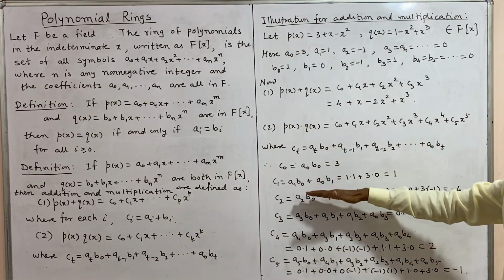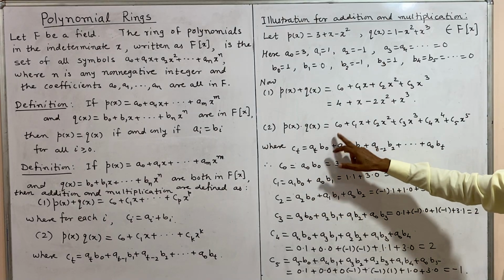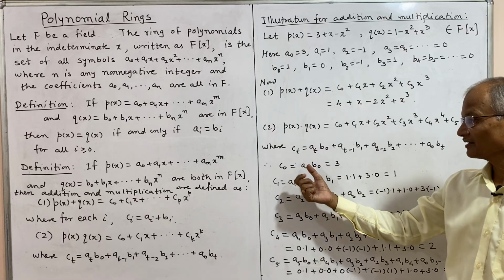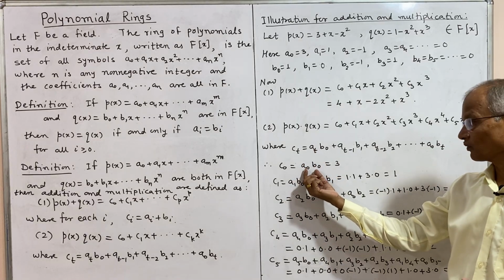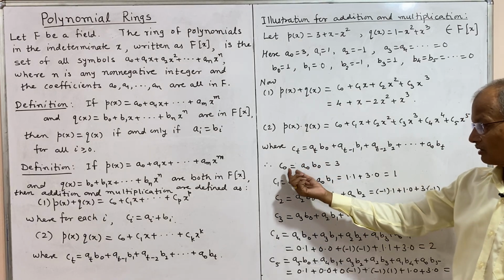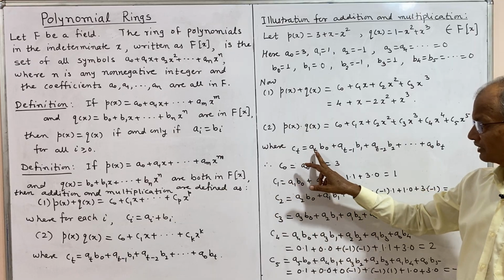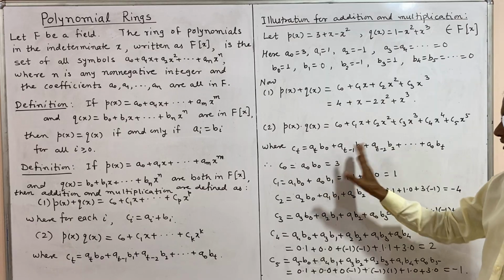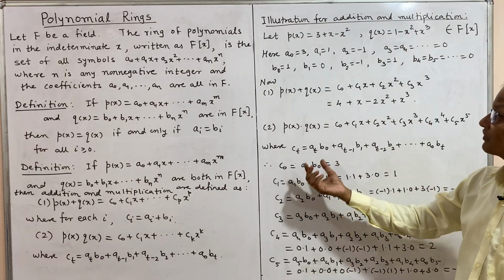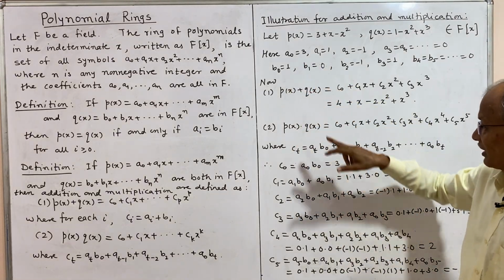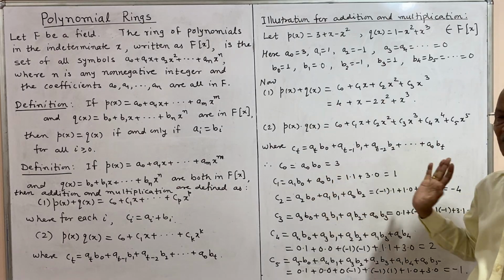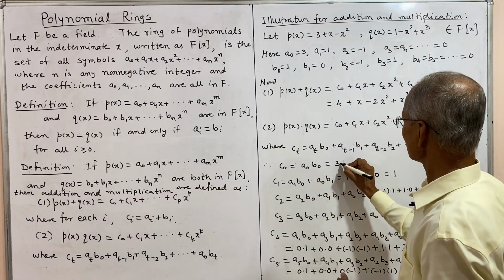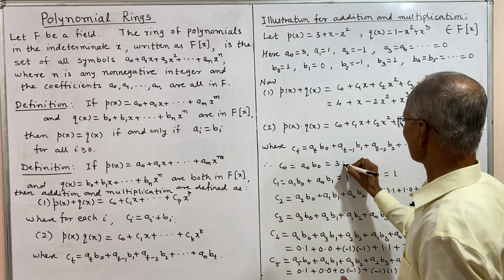Now how to calculate the coefficients in the product? C naught, put t equal to 0, and then only one term is there in this coefficient C naught. T 0 means A naught B naught is the first and the last term, and A naught is 3, B naught is 1, so A naught B naught is 3 into 1, that is equal to 3.